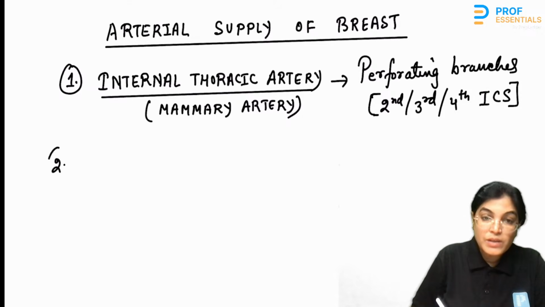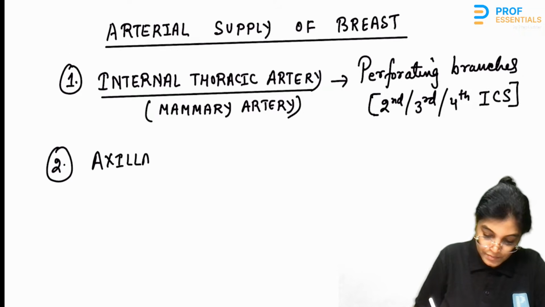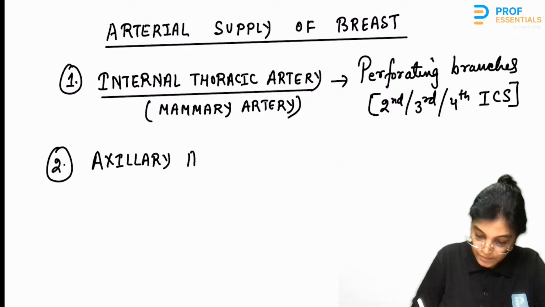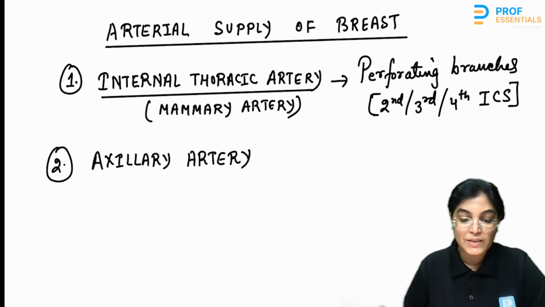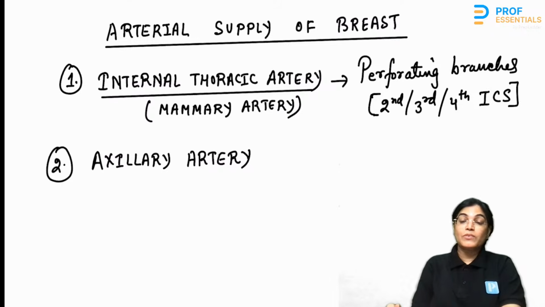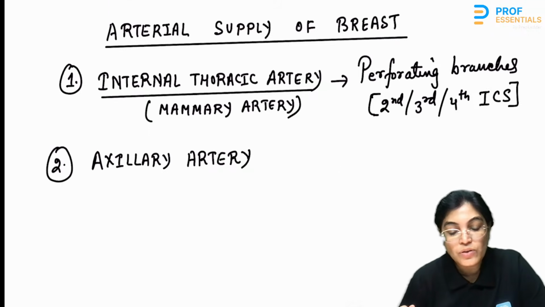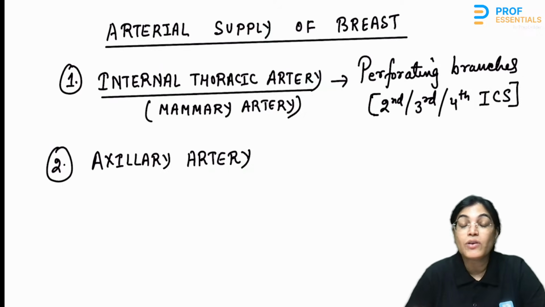The second important source is the axillary artery. Axillary artery will supply the mammary gland via its branch from the second part of axillary artery, that is lateral thoracic artery. So via lateral thoracic artery, it gives branches. It also gives branches via acromiothoracic artery and superior thoracic artery.